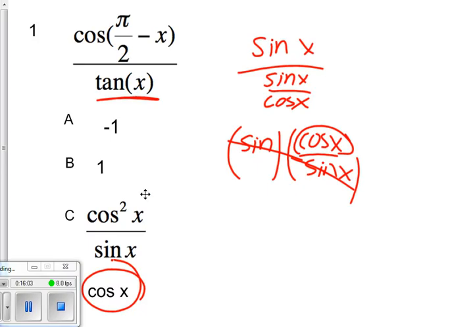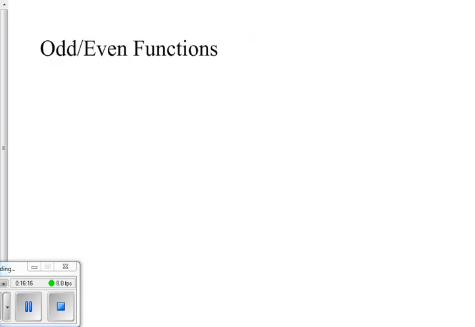You'll never be asked, well, I shouldn't say never, but more than likely you won't be asked to come up with this. You'll just be asked to figure out what its co-function identity partner is. That makes sense. Okay, odd and even functions. What are the two trig identities that are odd? Sine and tangent.